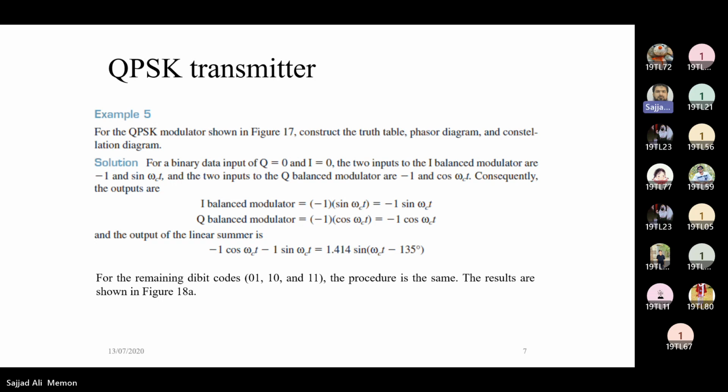I give you 10 minutes to do it. In this example, Q is 0 and I is equal to 0. I want you to solve this same as we did on the whiteboard for Q equal to 1 and I equal to 1, and you have exactly 10 minutes. Okay, I will see you after 10 minutes.